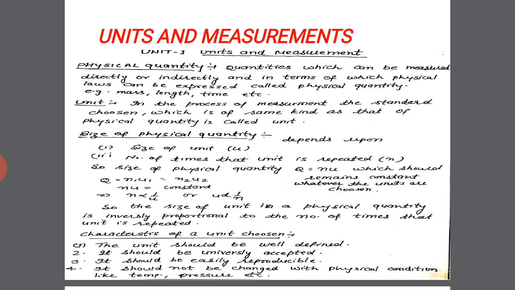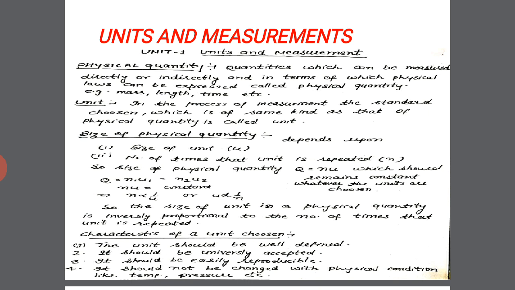That means the size of the unit of a physical quantity is inversely proportional to the number of times the unit is repeated. Okay, if the number of repetitions of the unit is more, then its size will be smaller, because they are inversely proportional to each other.